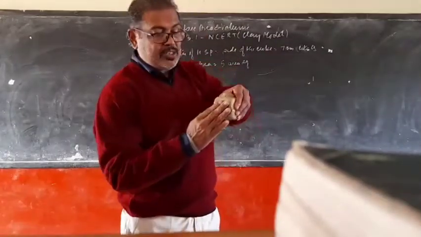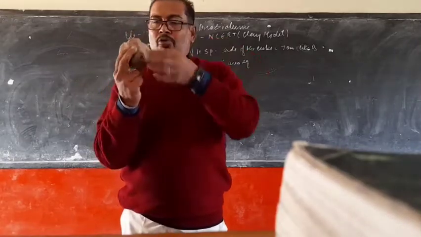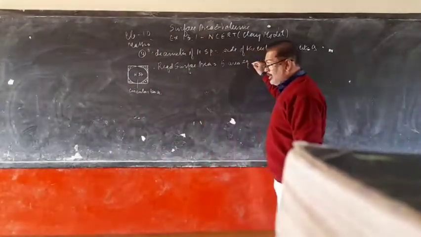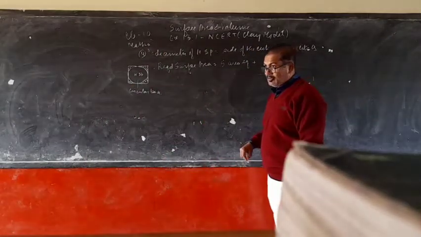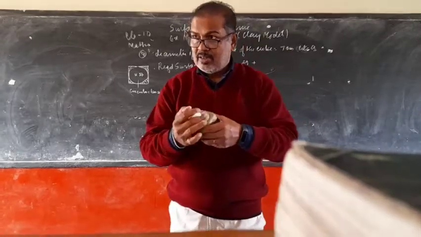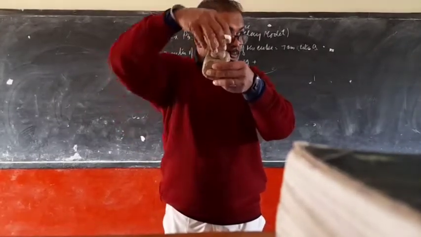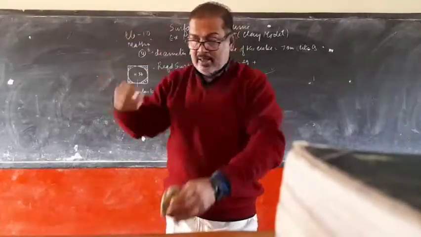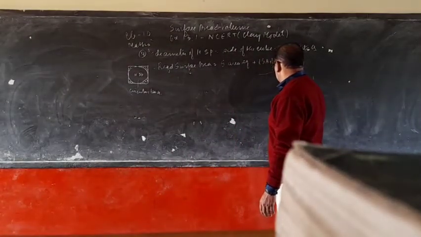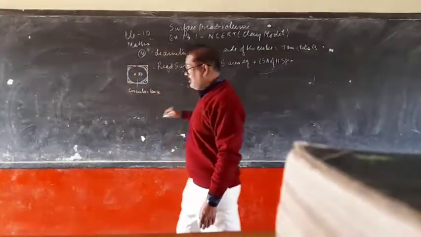Because each surface is in the shape of a square. 1, 2, 3, 4 and this one is the 5. 5 into area of square plus the lateral surface area of the hemisphere. We have to find this, right children, the lateral surface area, because it is mounted on it, on top of it. What will it be? LSA of hemisphere plus this area, the shaded region, what will it be?